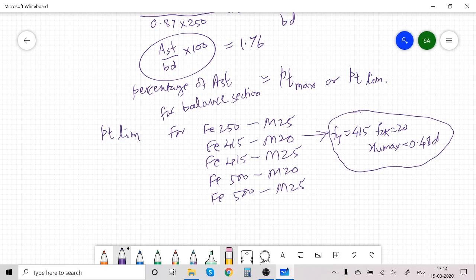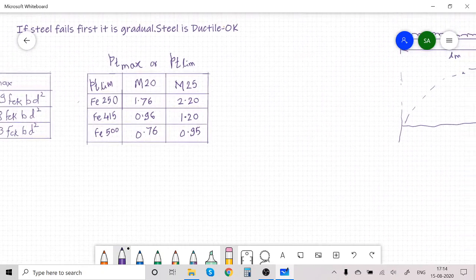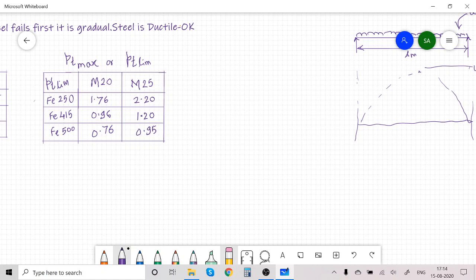After substituting these values in the equation Cu equals Tu, you will find the percentage limit for various combinations, and these values are written in this table.